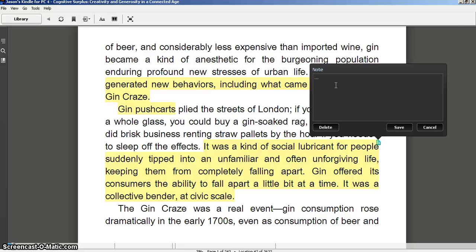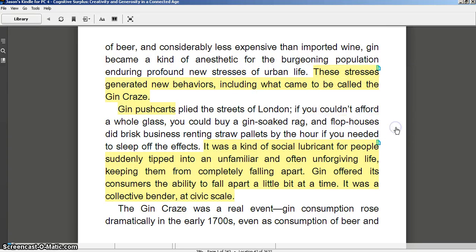So that's not new learning to me. I might also put a question mark because I do have questions about alcohol use at the time and how new was rampant alcohol use in cities, that kind of thing. That is a question that I might write. So I'm going to save my notes.